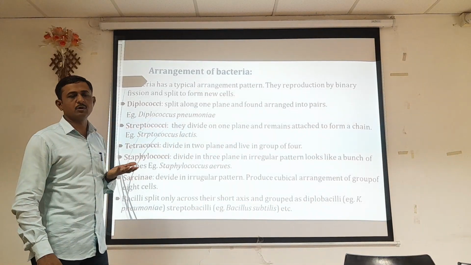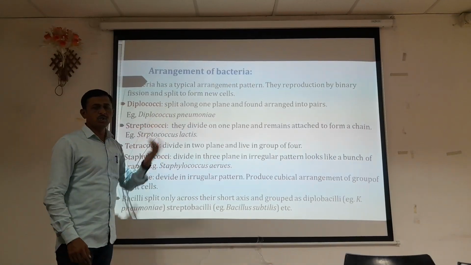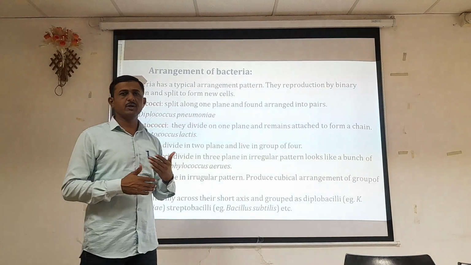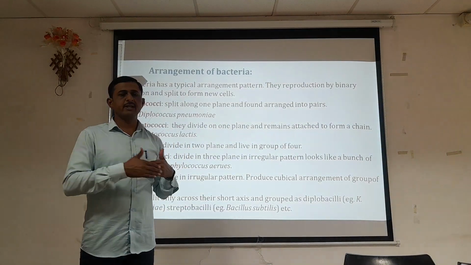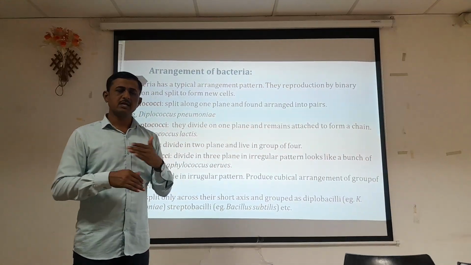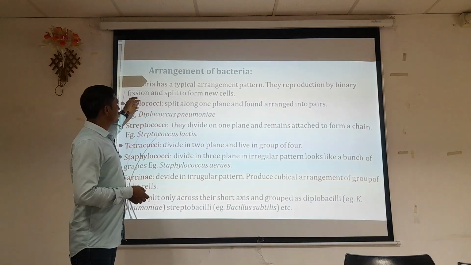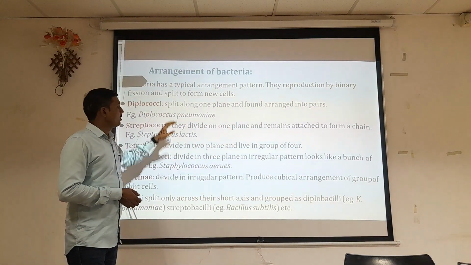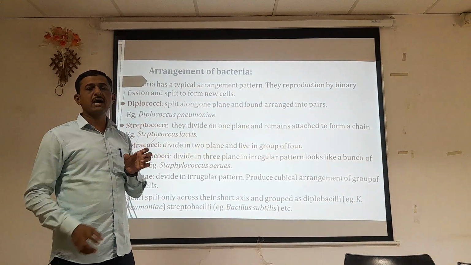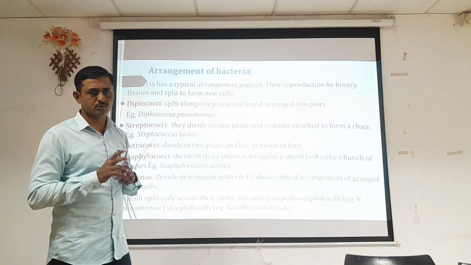As they reproduce by means of binary fission, they split into new cells, and each organism has a typical arrangement pattern. Depending upon whether the binary fission is carried out in one plane or two planes, the organisms are observed under the microscope in different arrangements. Diplococci split along one plane, and the cocci are found attached to one another in groups of two cells.